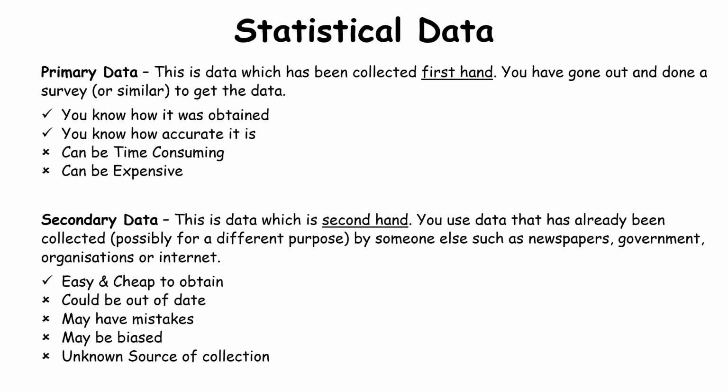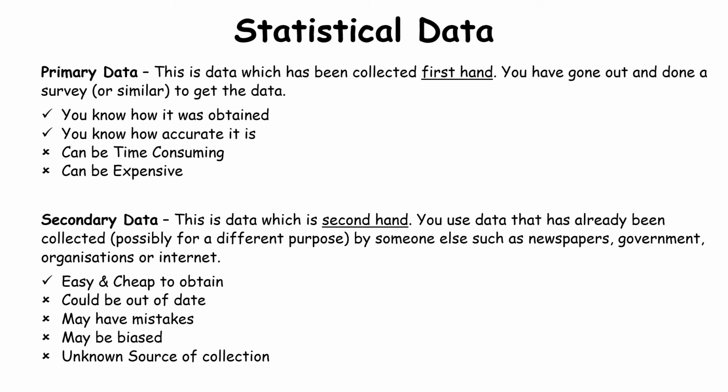Let's talk about data. You may have already discussed this or have learned about this in history class. Primary data is data that's collected firsthand. You may have done a survey, you've given an interview. The thing about primary data is you know how it's obtained and you know how accurate it is. However, it can be very time consuming and also very expensive.